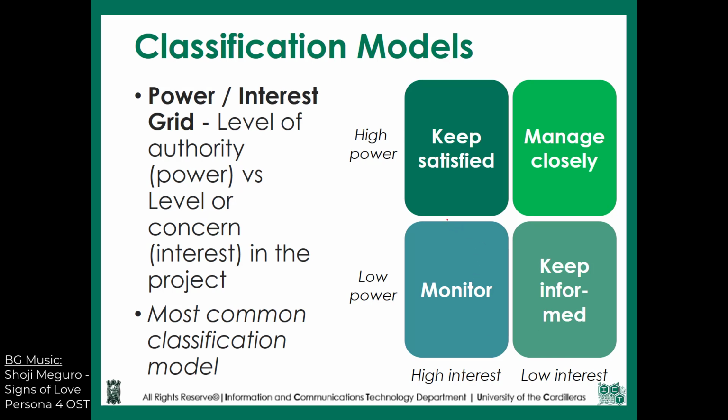For example, if the power is high and the interest is high, you need to satisfy that stakeholder. However, if the stakeholder has high power but is not that interested, you have to manage them closely. If the stakeholder has low power but high interest, you have to monitor them. And if they have low power and low interest, you have to keep them informed.